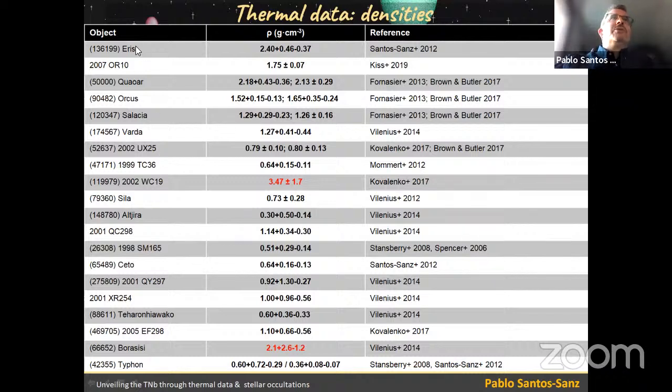The table is sorted from the biggest to the smallest objects. So, this one for WC19 is really a high density. This is probably due to a problem with the thermophysical model, and we finally derive an unrealistic density. The same for this object, Borasisi.